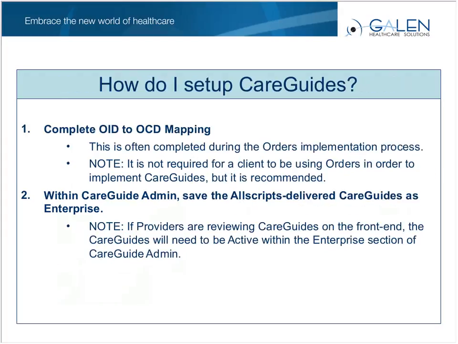So the reason I asked that question is because setting up care guides can, depending on how you decide to utilize care guides, depend on if orders are implemented in your system. So the first step for setting up your care guides would be to complete the OID to OCD mapping. This would be specifically if you are going to use the orders within the care guides.